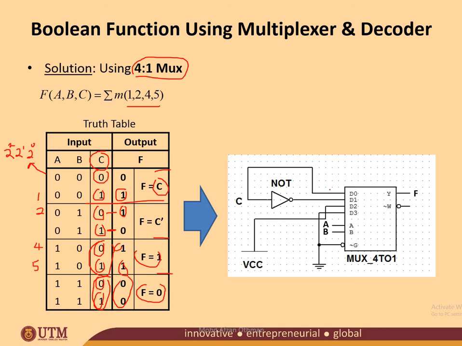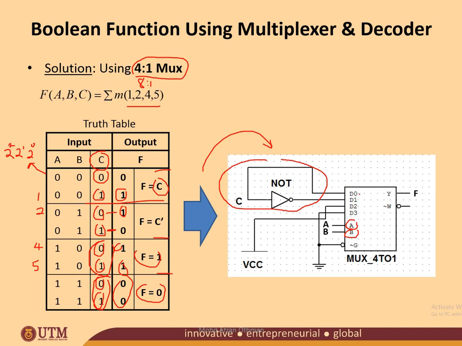So you can now transfer them to your circuit and your 4 to 1 mux chip. Now we have A and B only as the selects, instead of having C as the third input, because you don't have the luxury of an 8 to 1 mux. So this is how you implement your C at your D0 and D1.